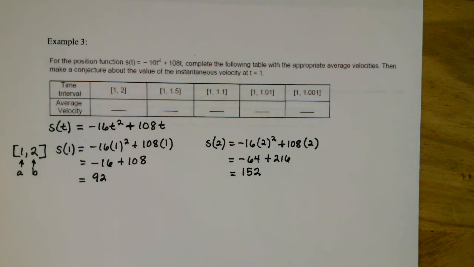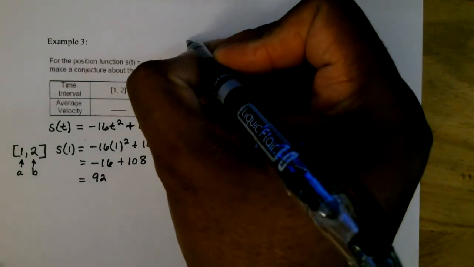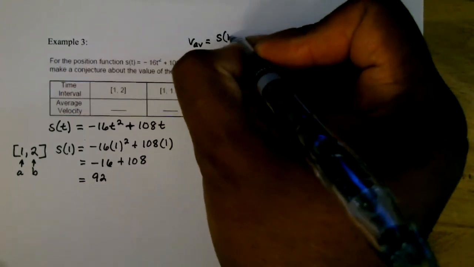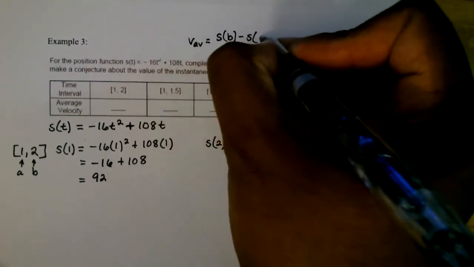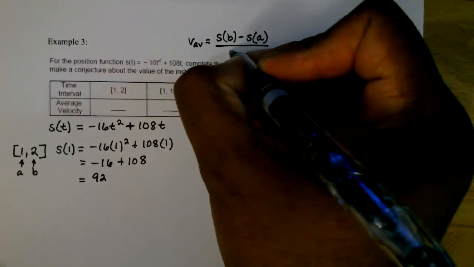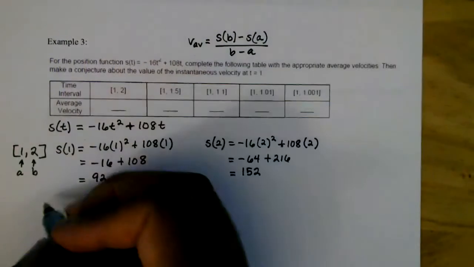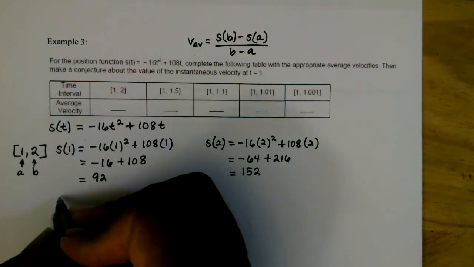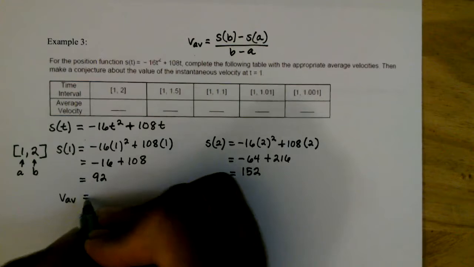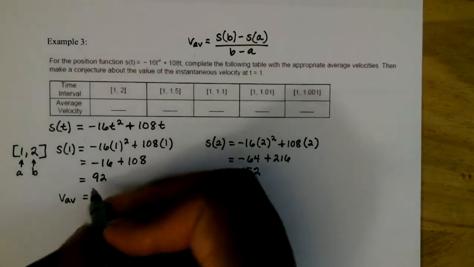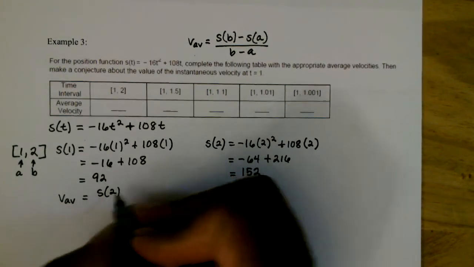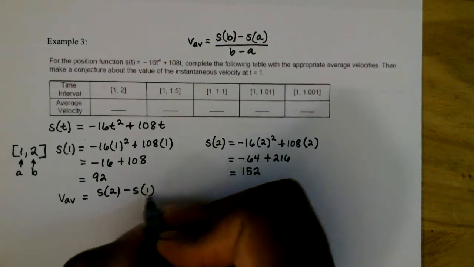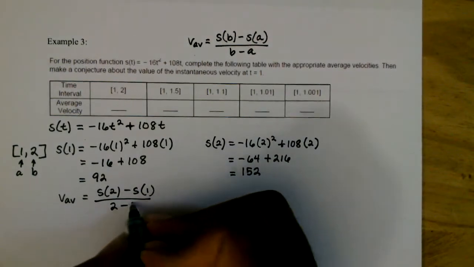Now let's find our average velocity. I'll write this up here. The average velocity is, of course, S of B minus S of A divided by B minus A. So here my average velocity from 1 to 2 would be S of 2 minus S of 1 divided by 2 minus 1.